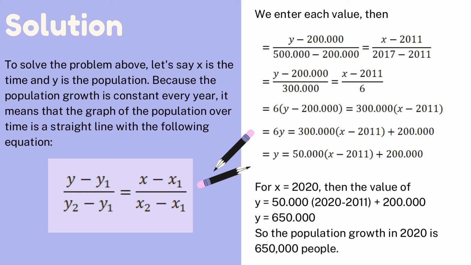For x equals 2020, the value of y is 50,000 times (2020 minus 2011) plus 200,000. Then the value of y is 650,000. So, the population in 2020 is 650,000 people.